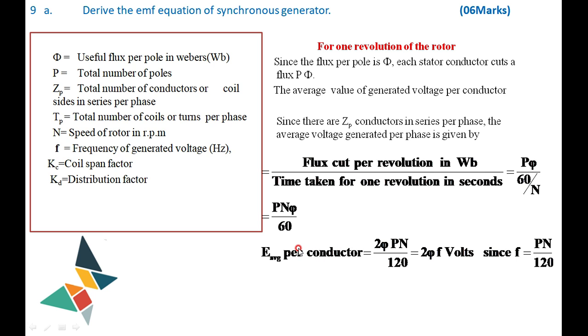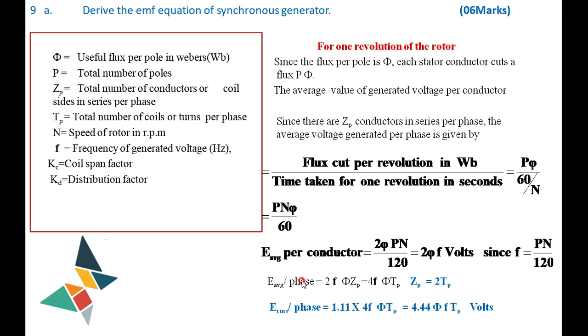What we are interested in is the per phase induced voltage, that too the RMS voltage. E average per phase: the above is for a single conductor, and Zp conductors are there in one phase. Therefore, multiplying by Zp, we get 2 F phi Zp as the induced voltage per phase.